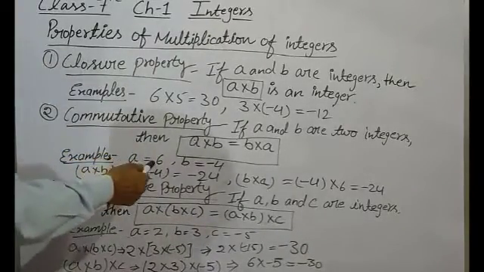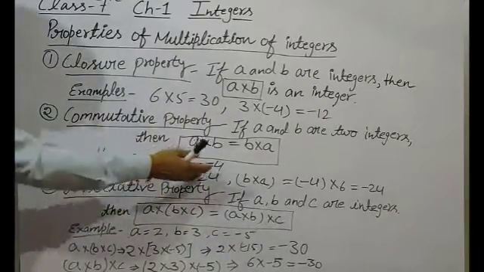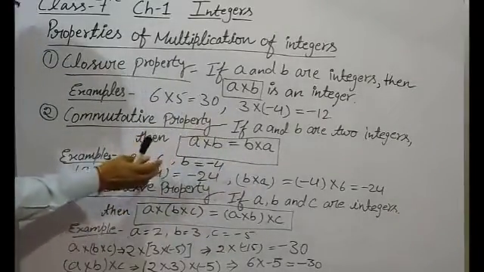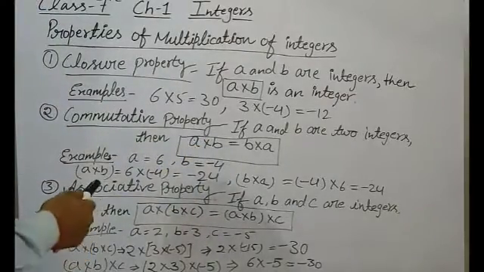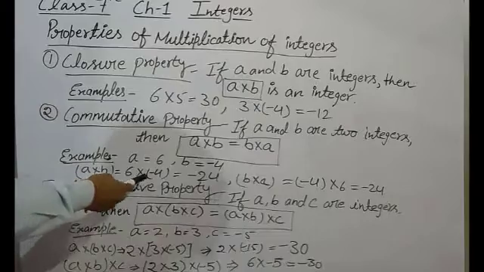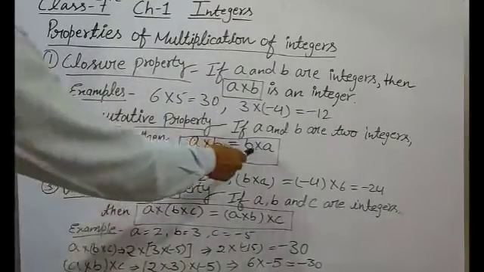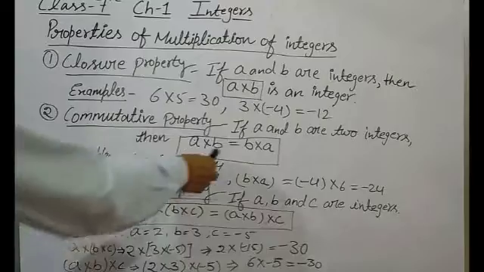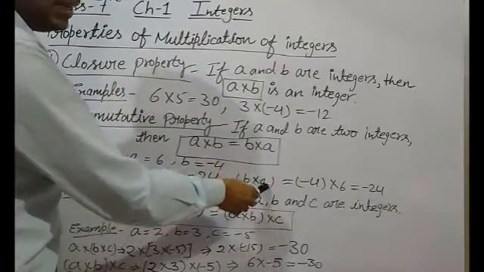We take a is equal to 6, b is equal to minus 4. There are two integers, 6 and minus 4. One is a positive integer and the second is a negative integer. So we multiply first a multiply b. After multiply we get minus 24. Then we interchange their places. We write b first, then multiply a.